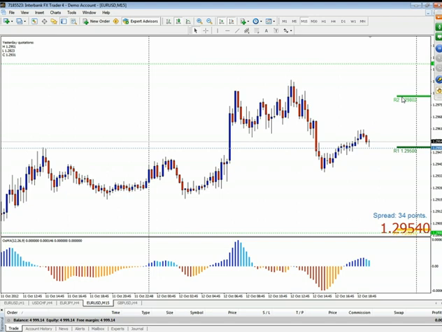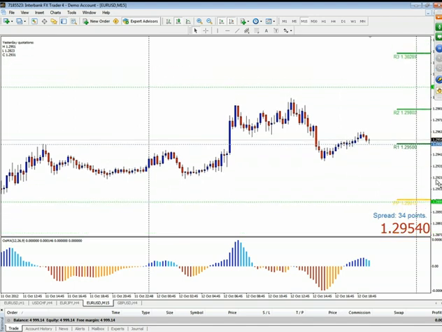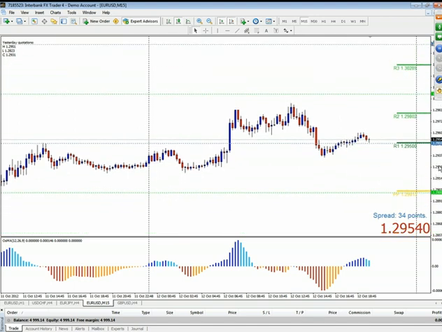I probably gave those away as a gift during the launch of this mentoring. And we have the whole numbers indicator that shows in between. It shows 129, 129.50. We only use those on the 15-minute time frame.